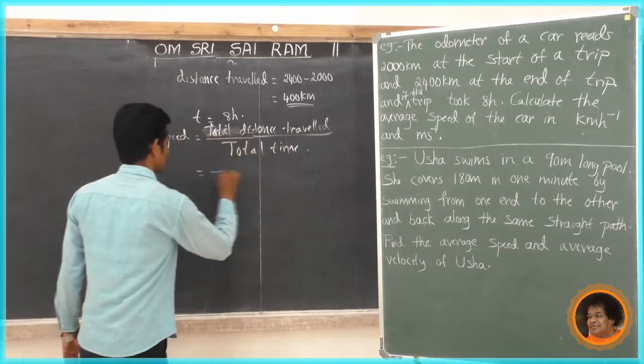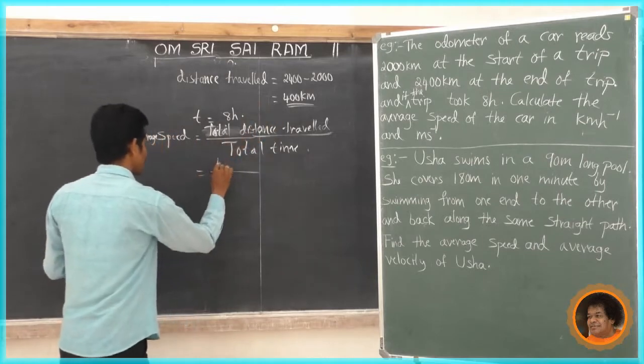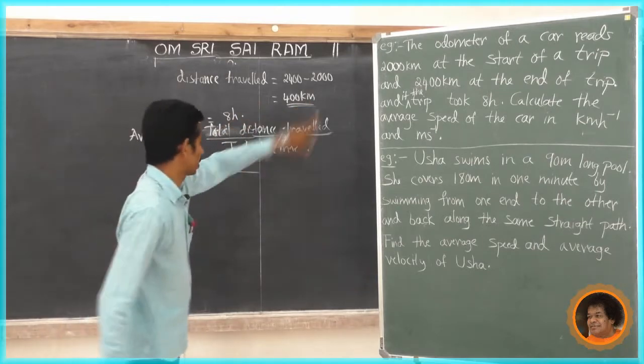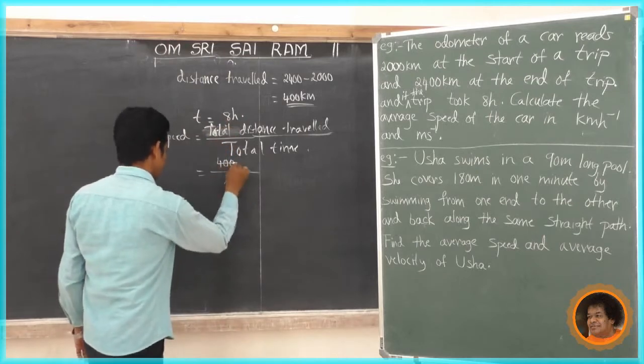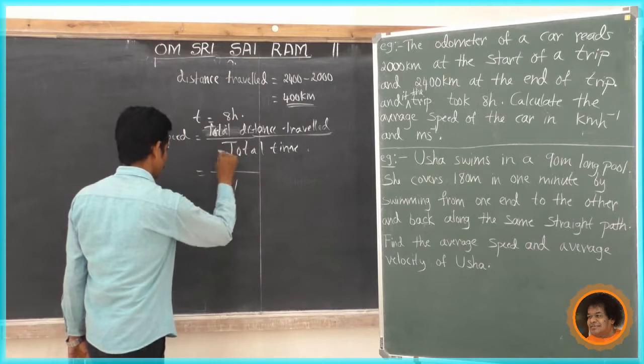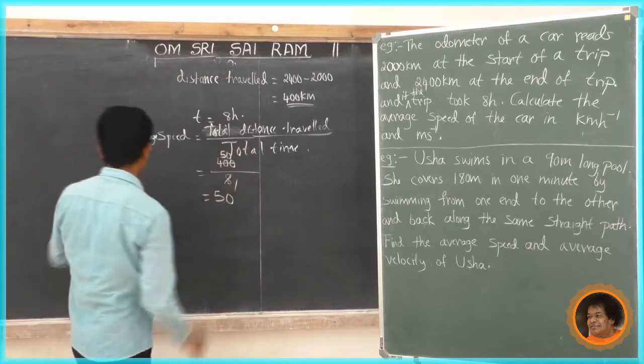What is the total distance traveled by this object? It is 400 km divided by the total time, 8. Now 8 fives are 40, then 0. So 50.